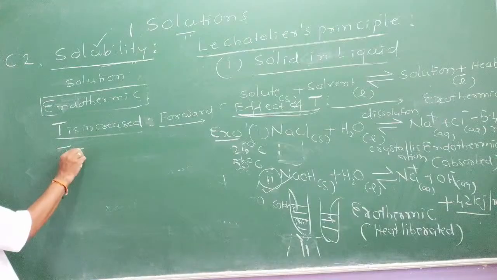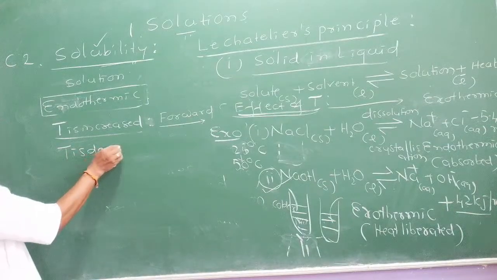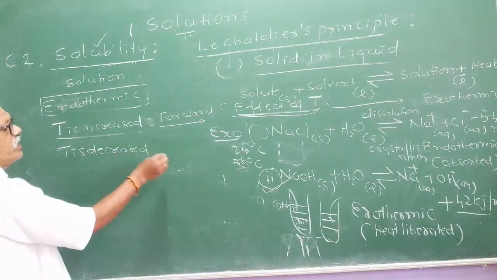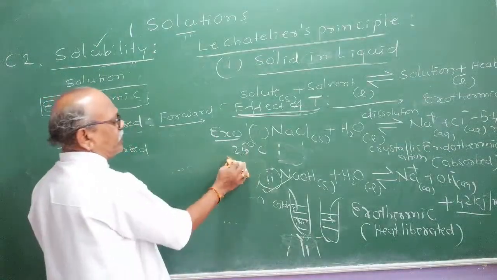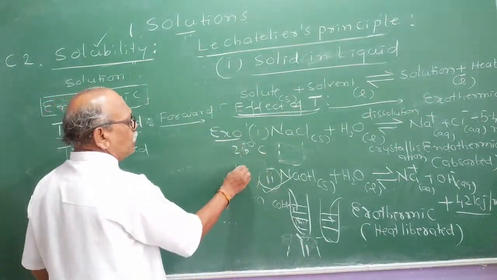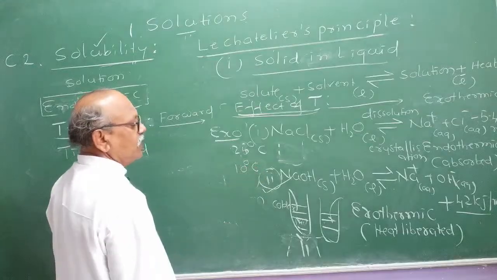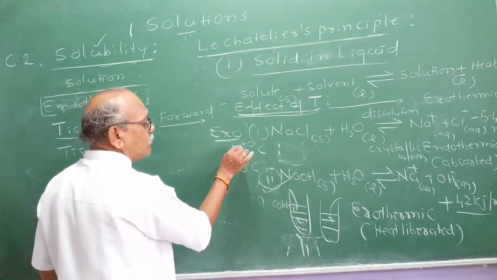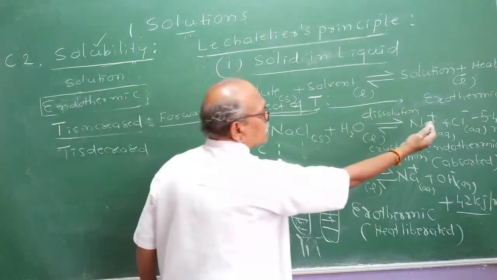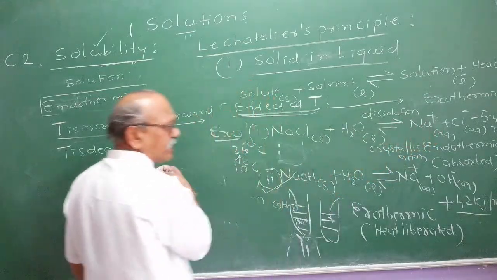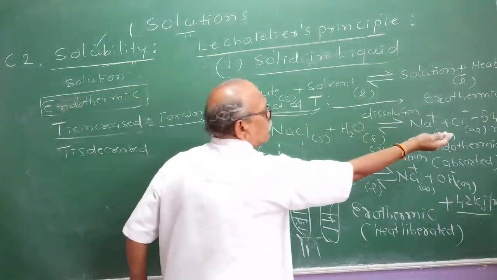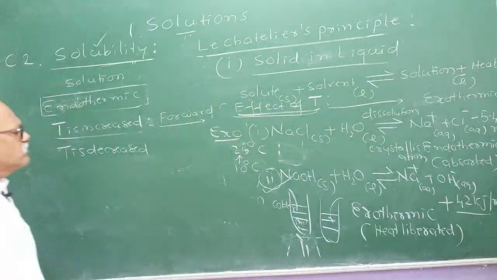Suppose that sodium chloride in water is at equilibrium at 25 degrees centigrade. If I cool it to 10 degrees centigrade, again to regain equilibrium at 25 degrees centigrade, the reaction should take place in what direction? Backward reaction, because forward reaction is endothermic, then backward reaction will be exothermic.